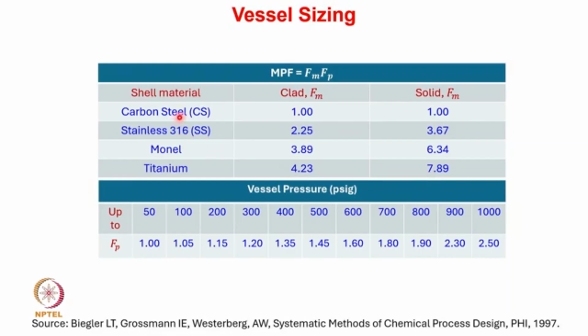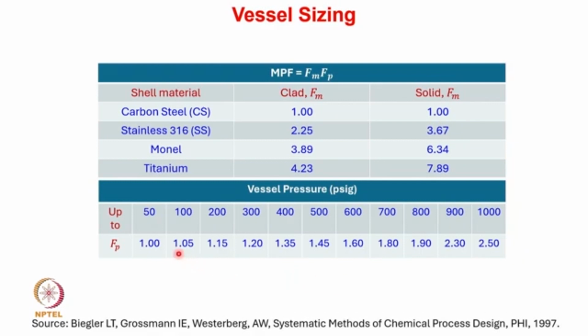For instance, if I am using carbon steel, then the material and pressure factor is 1, and as we go from carbon steel to titanium, if it is used as a cladding material, then it increases from 1 to 4, whereas if it is used as a solid material, then it increases from 1 to 7.